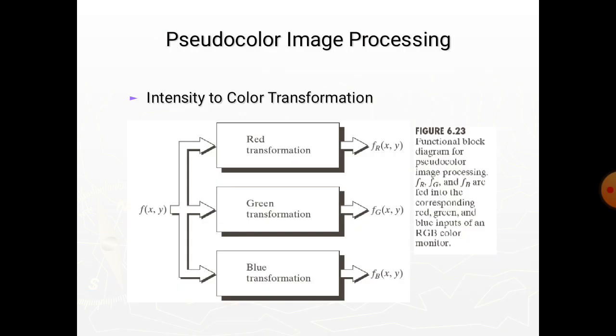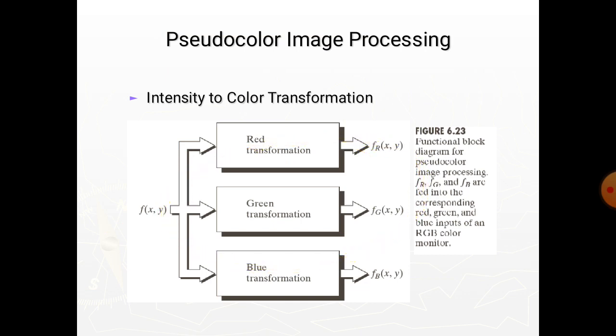Now let's see about intensity to color transformations. Other types of transformations are more general and thus are capable of achieving a wider range of pseudo color enhancement results than the simple slicing technique discussed. An approach that is particularly attractive is shown in this figure.